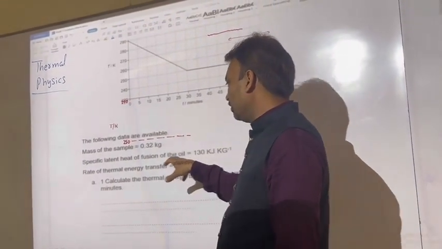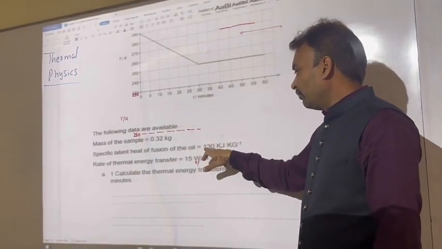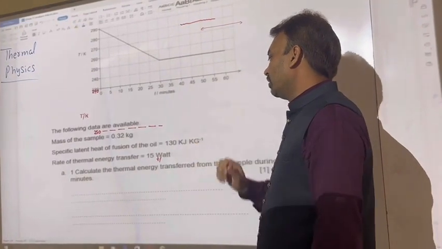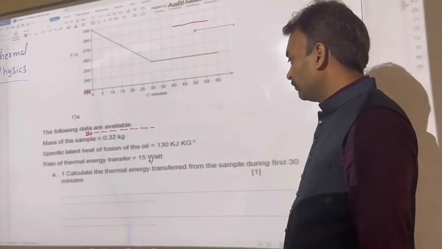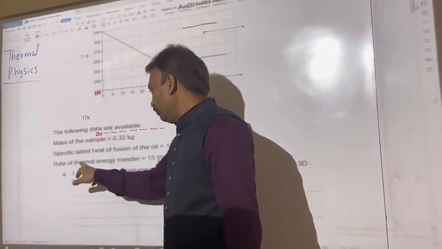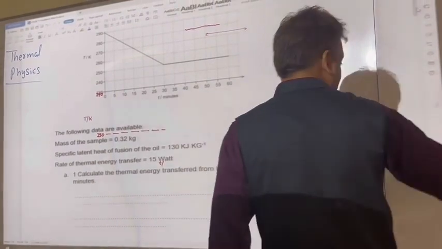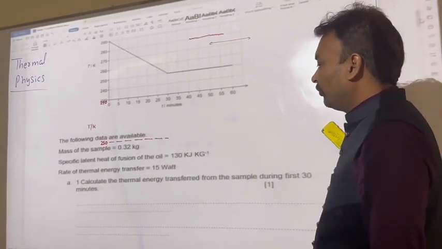That specific latent heat of fusion is also given: 130 kilojoules per kilogram. And the rate of thermal energy transfer is equal to 15 watts.